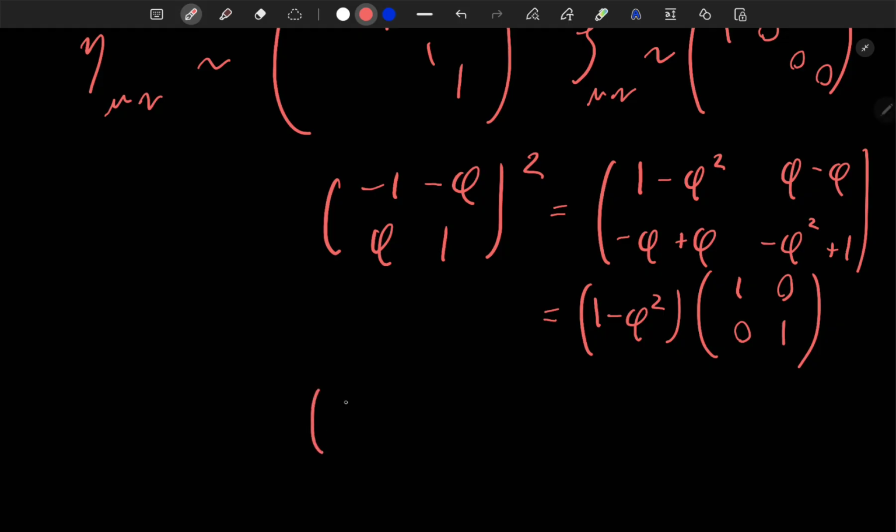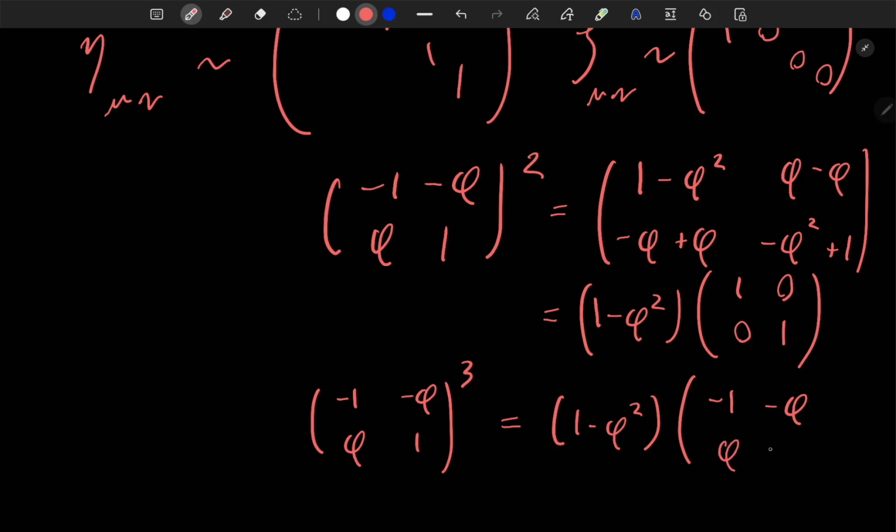Because that makes a pattern easy to exploit. The third power, well, we know it's the first, so it's going to be 1 minus phi squared times our original little guy there.